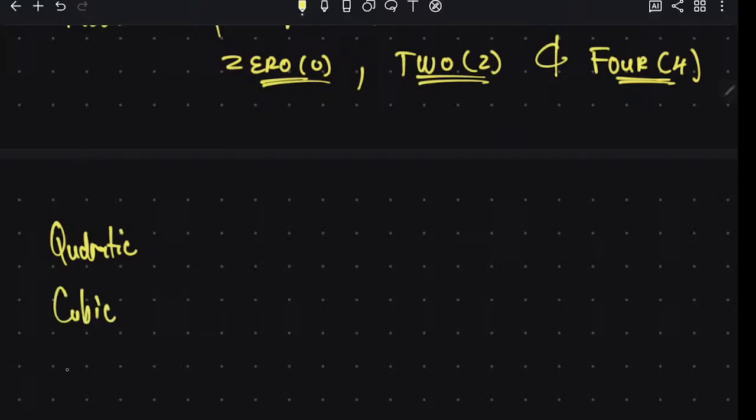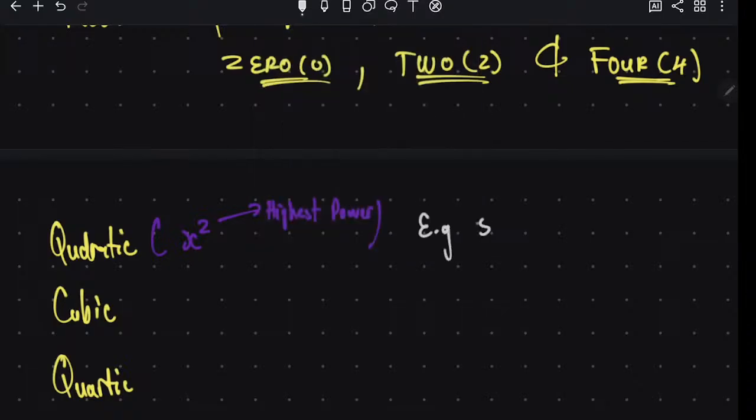So remember, though, that you can have a quadratic, then a cubic, then a quartic equation. Quadratic equation, you have x to the power of 2. The power 2 is the highest power. This is going to be the highest power you have. You do not have x to the 3. This would be a quadratic equation, e.g. 5x squared minus 9x plus 3.